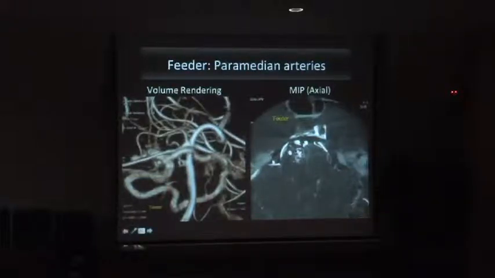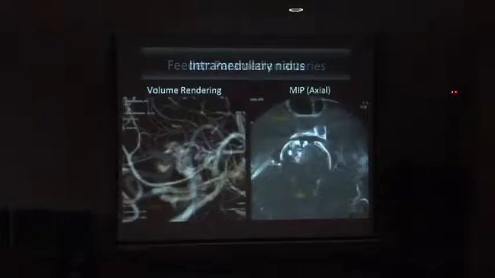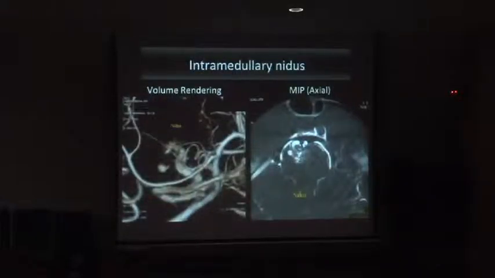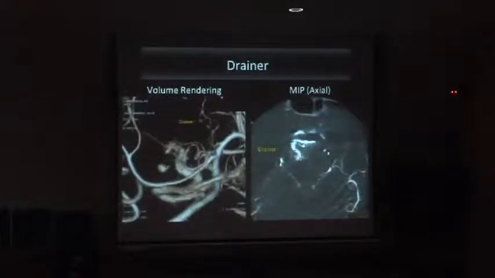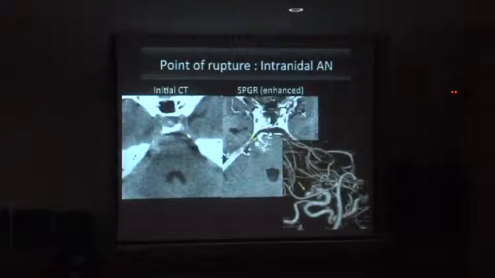Here, we can't use. And the MIP image shows intramedullary AVM and intranidal aneurysm. And the drainer is here and single. The intranidal aneurysm was considered the point of rupture.